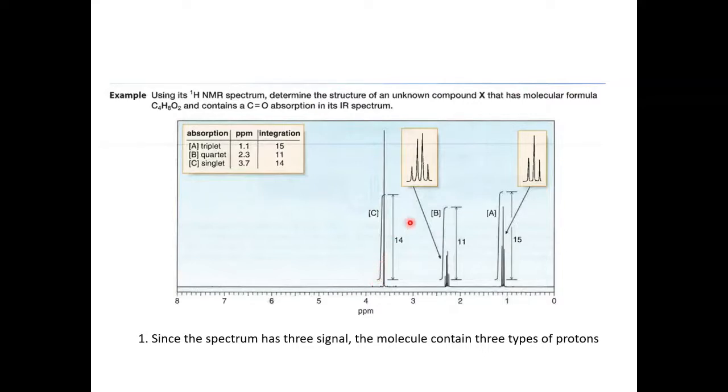Maybe this is an automatic integration. The software gives automatic integration when you click the integration button in NMR. Now we want to know how many protons each signal represents. What is the method from integration?